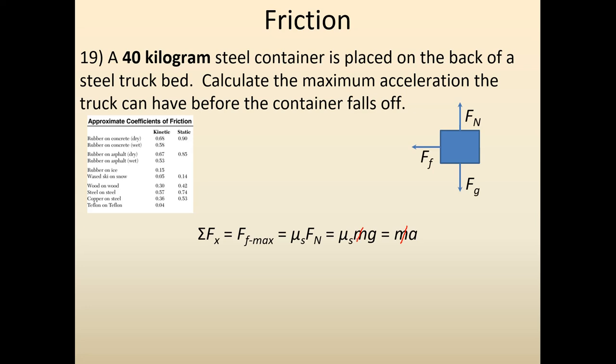The max acceleration of the truck will remain the same. It'll be equal to the coefficient of static friction between the two surfaces times the acceleration of gravity. So I plug my numbers in, and I end up getting that the maximum acceleration is 7.4 meters per second squared.